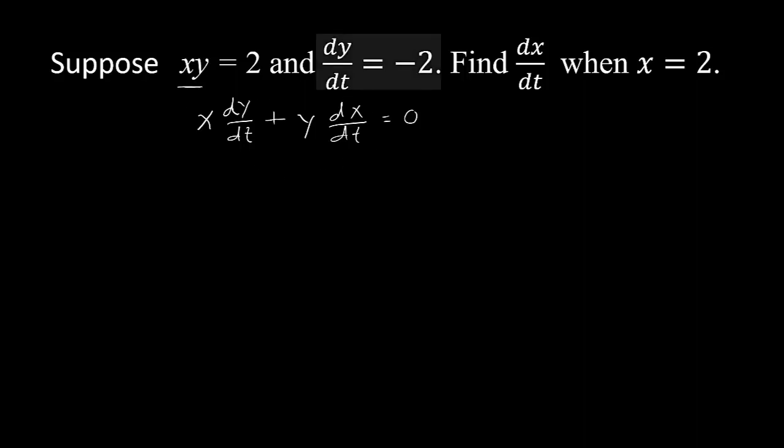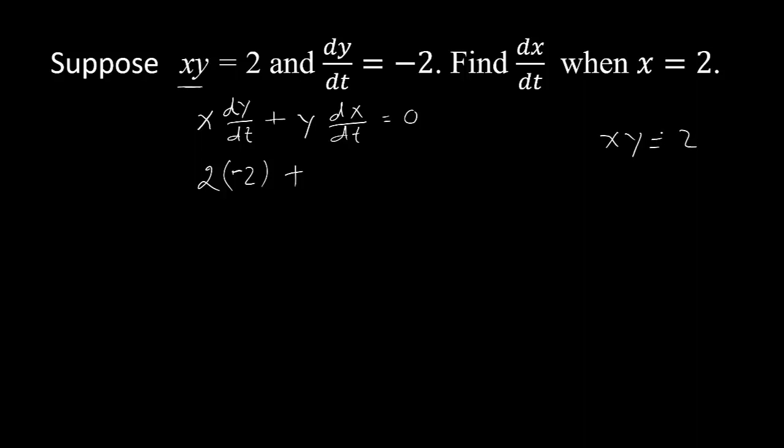Now plug the values you have. So you have dy/dt, which is -2, plug it here. x is given 2, plus now they are saying y. If your x is 2, can you tell me what is y from here? Easily you can see. You have xy equals 2 and your x is 2, so 2y is 2, y should be 1.